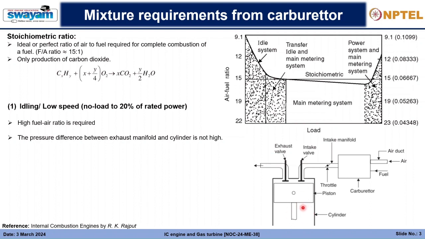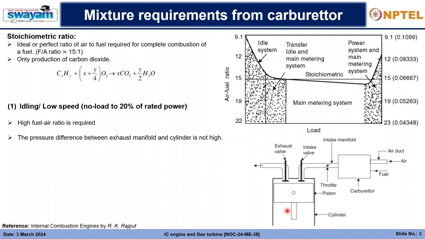So higher pressure at the suction will indicate a higher amount of air fuel mixture coming inside. And a higher pressure inside also indicates that the burned gases or combusted gases will move out of the cylinder very easily if the pressure inside the cylinder is quite high.